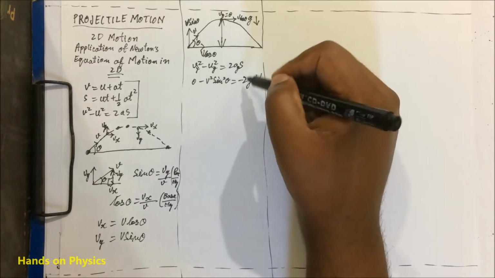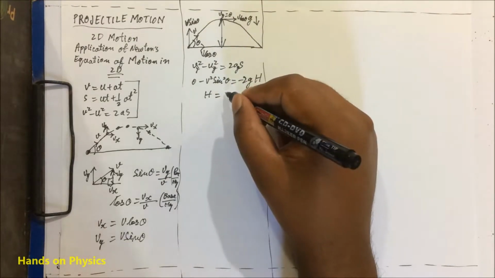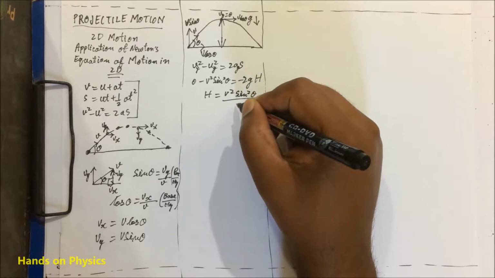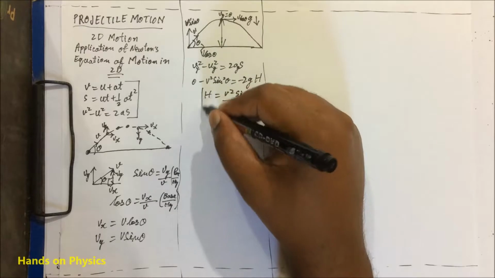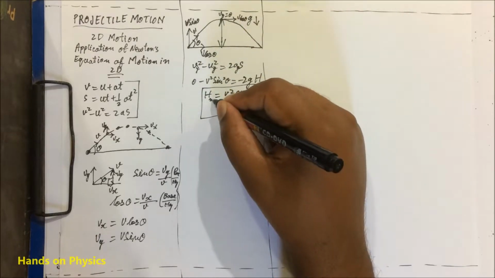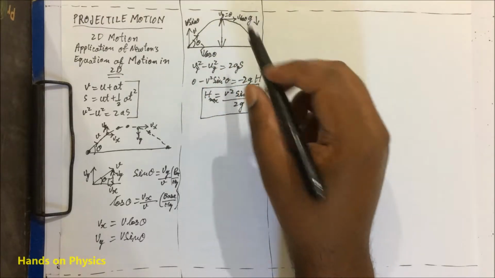Why minus? Because gravity is in the opposite direction. So h will be equal to v square sine square theta upon 2g. That is the maximum height which a projectile will achieve when projected in this manner.